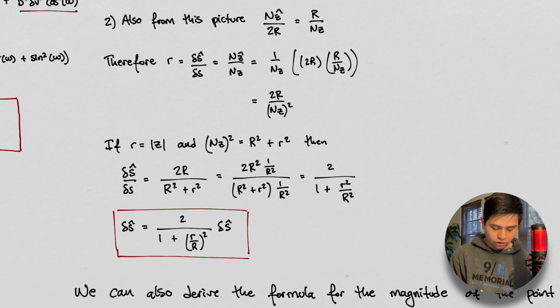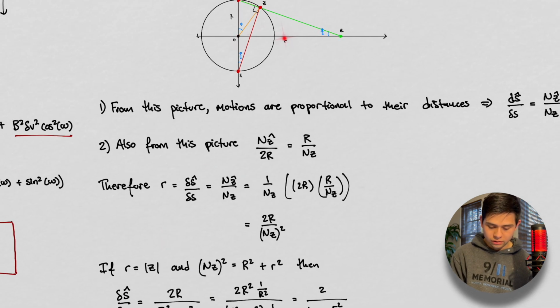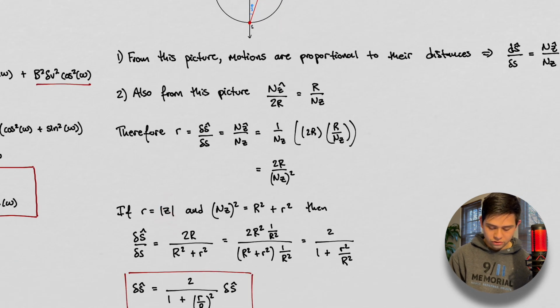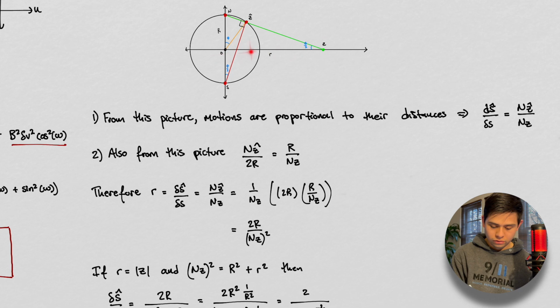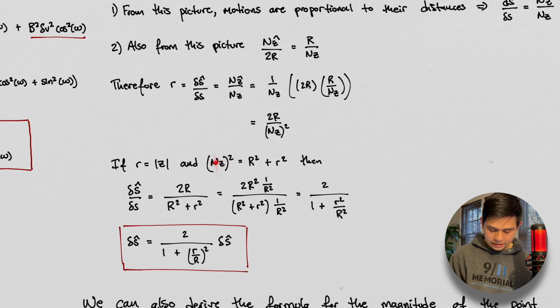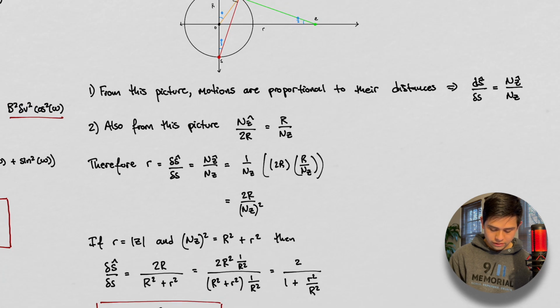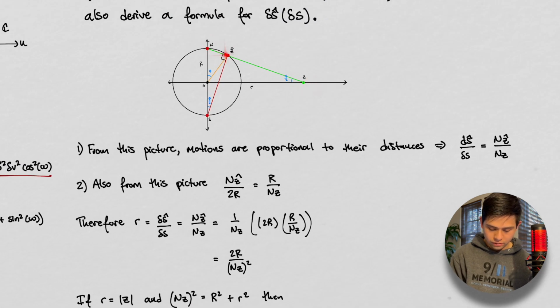And if little r is equal to the absolute value of z, because r is this distance right here, so the absolute value of z is just the numerical value of that distance. And NZ squared, this distance, is going to be this squared plus this squared by Pythagoras.